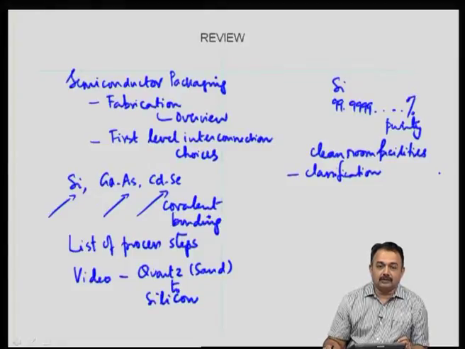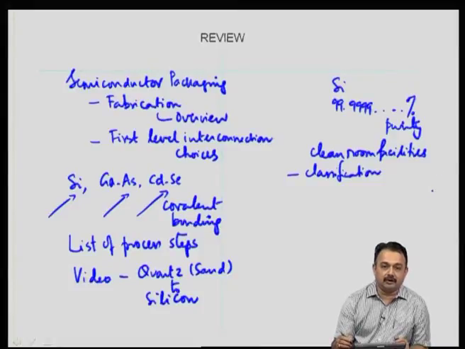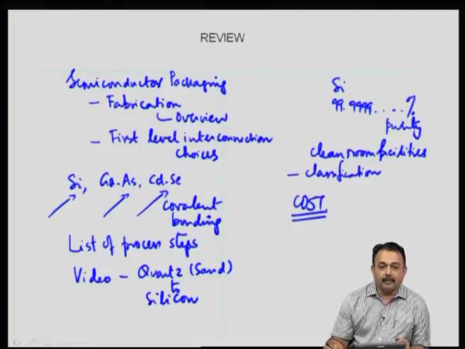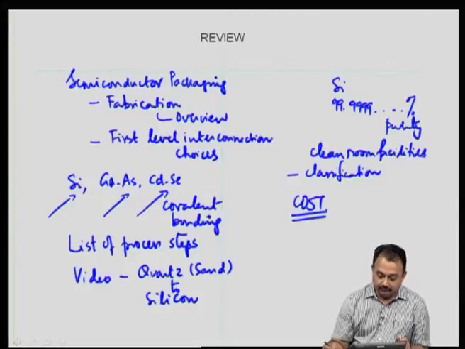So, you can expect the level of cleanliness when we talk about semiconductor fabrication or manufacturing, and we also briefly touched upon cost issues, because setting up a wafer fab is going to be expensive, and therefore, apart from the expense of setting up the fab, we also emphasized the cost of maintenance, especially as far as the clean room is concerned.